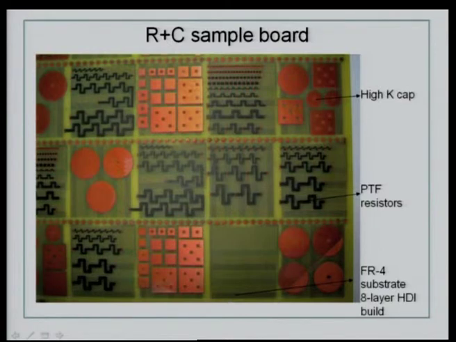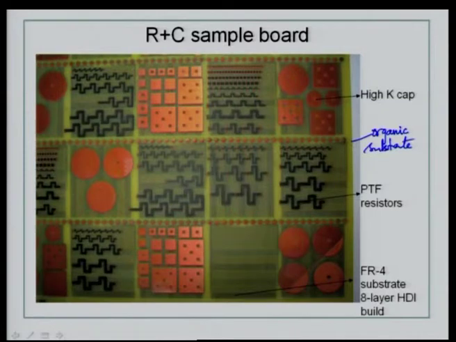Up front, I want to show you a sample of the features that you could expect from a resistor and capacitor that have been embedded in an organic substrate. So, you can see here this is an organic substrate.